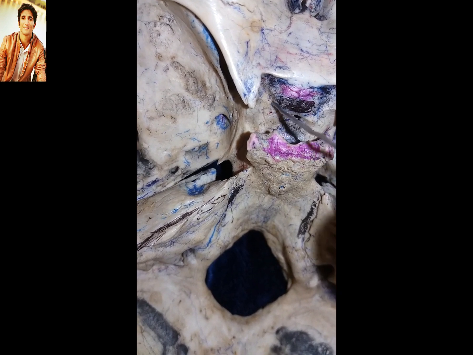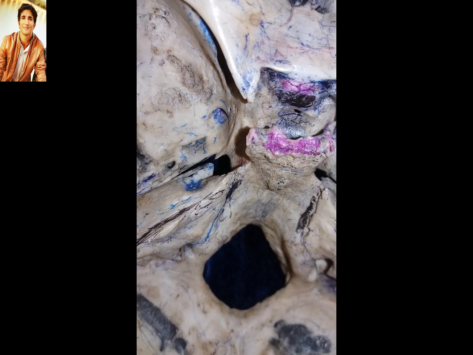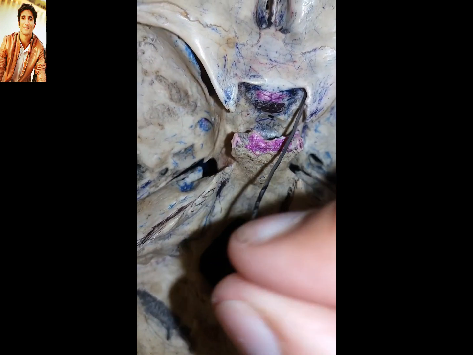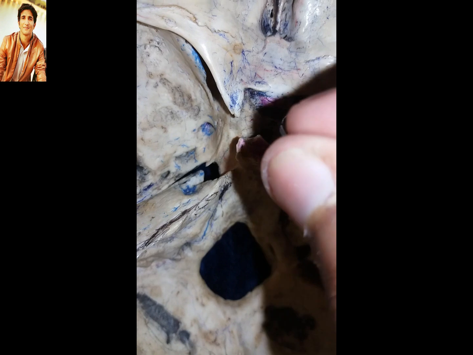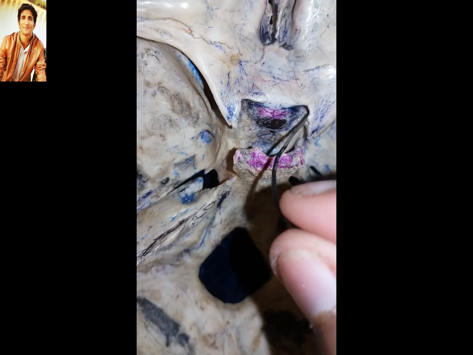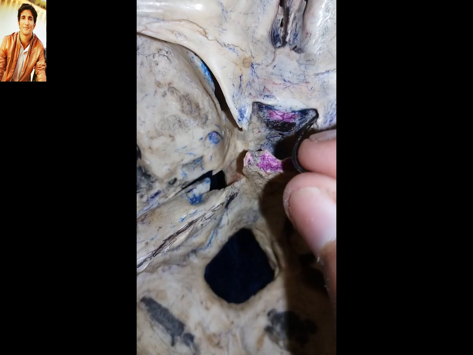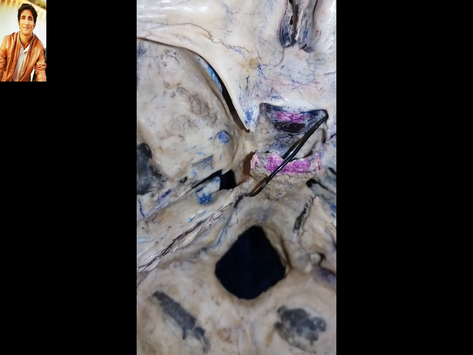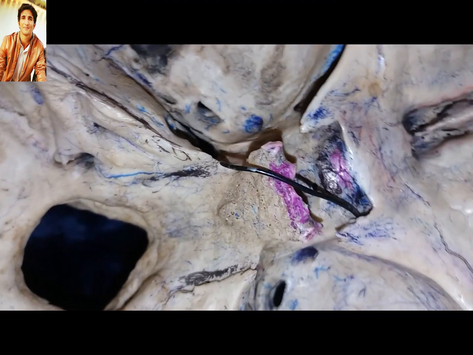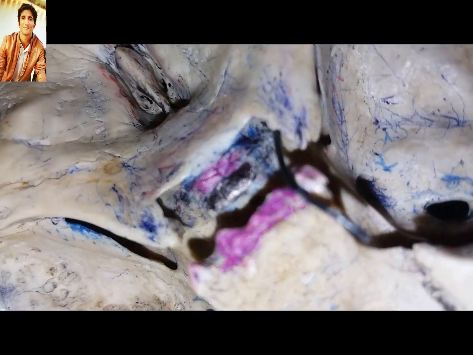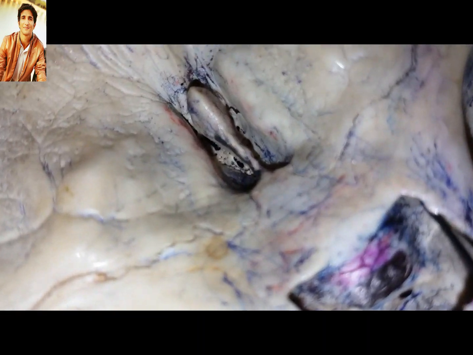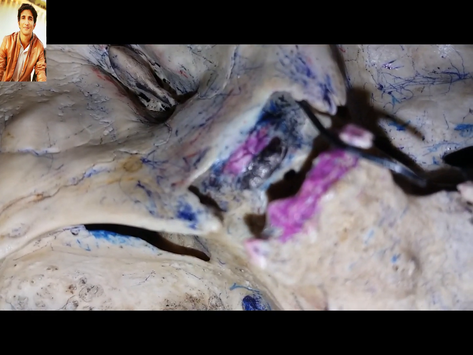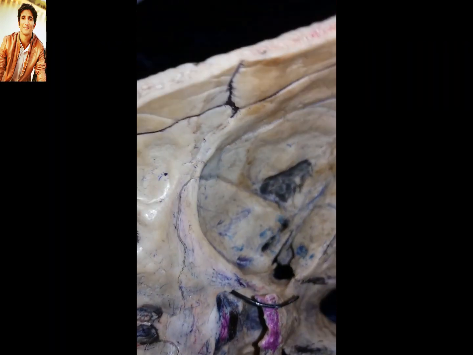On each side of the sulcus chiasmaticus there is a canal called the optic canal. This is the optic canal.